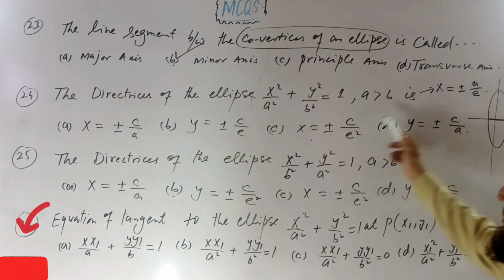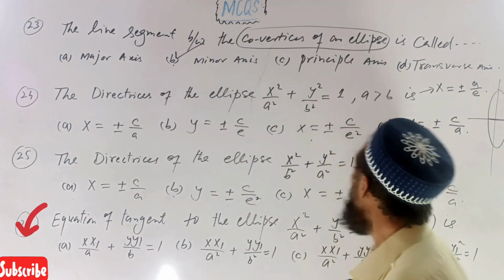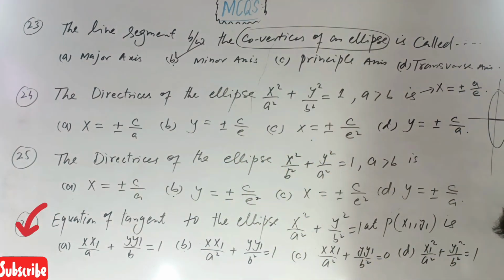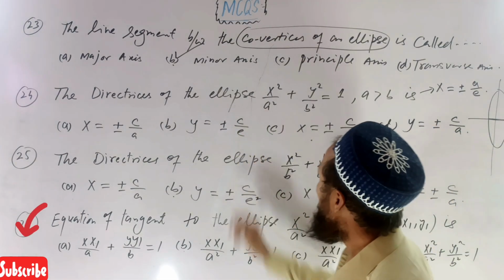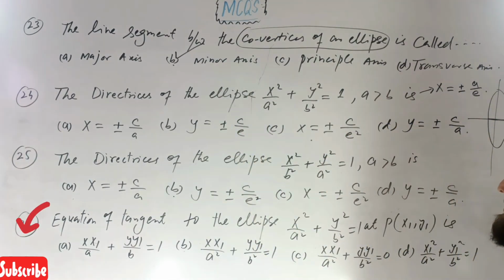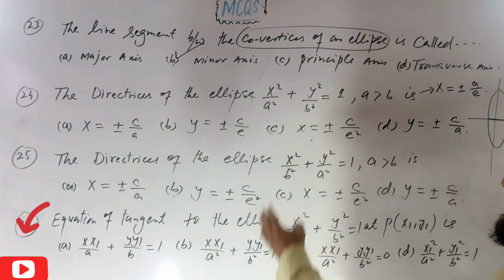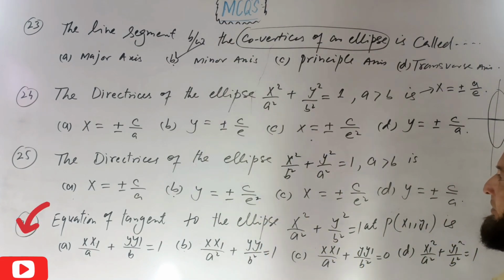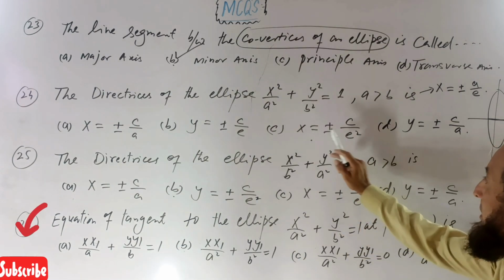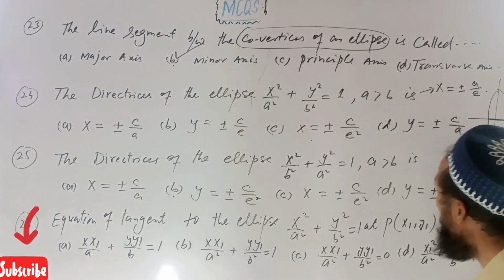But here c is given, so we put c in the place of a divided by e. A is greater than B along the x-axis. So along the x-axis, this option is the correct option.